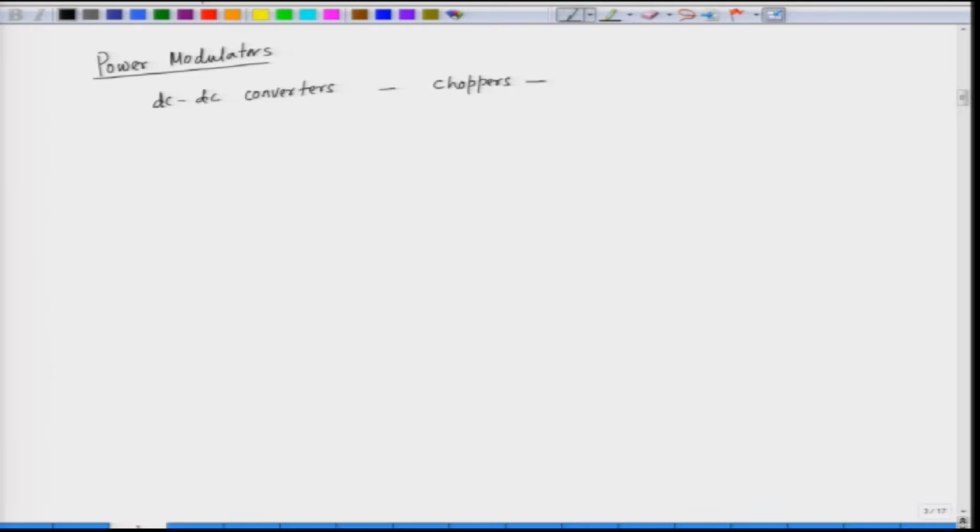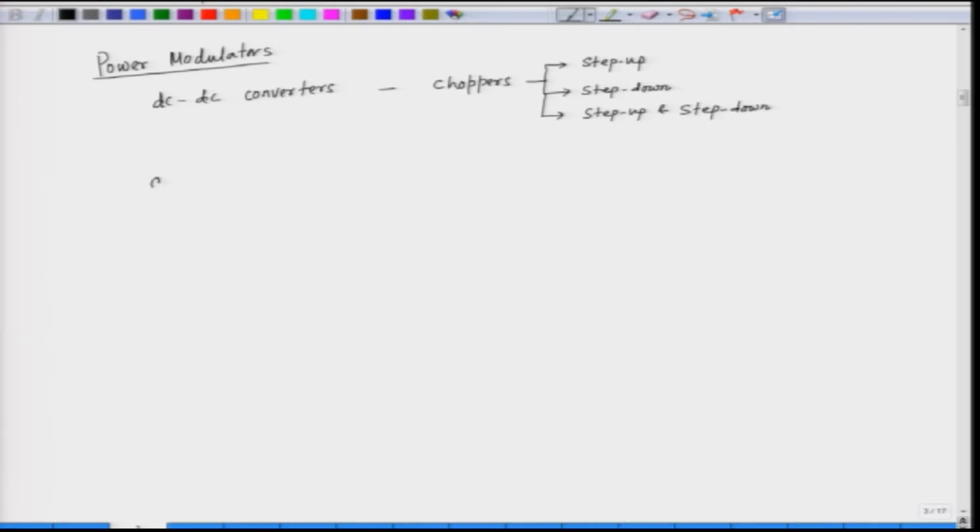We can either have a step up chopper, or a step down chopper, or both step up and step down chopper combined together. This converts DC to DC.